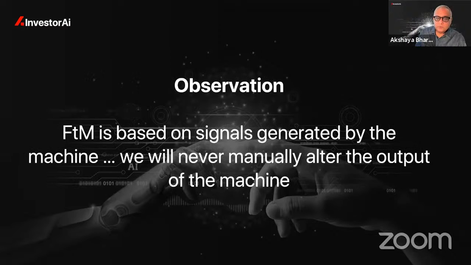One of the observations I want to share is that FTM is based on signals generated by the machine. We will never manually alter the output of the machine. That just won't happen, because it then destroys the integrity of what we are doing. So the machine becomes all important. The algorithm becomes all important.